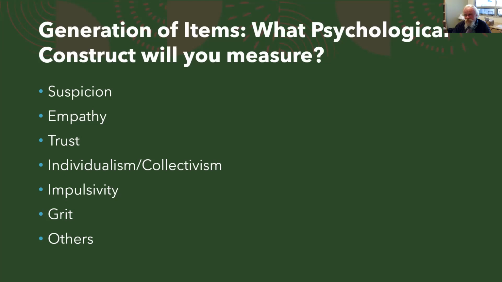An impulsivity scale. How impulsive are people about doing certain behaviors? How much risk do people take when they feel impulsive, right? And so impulsivity might be a good one as well.